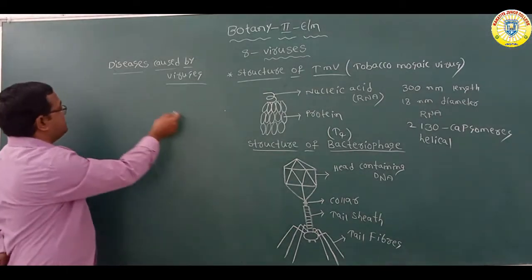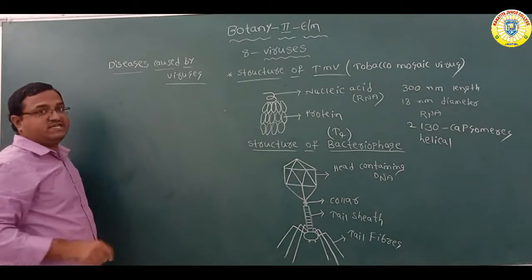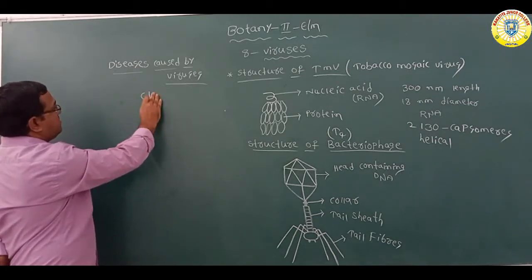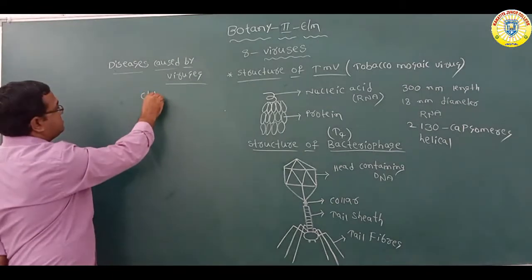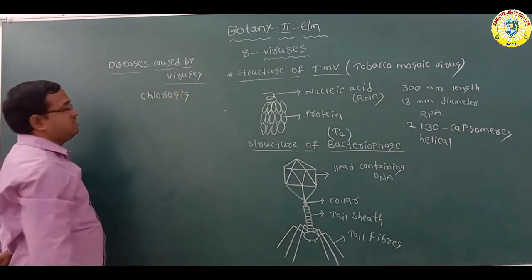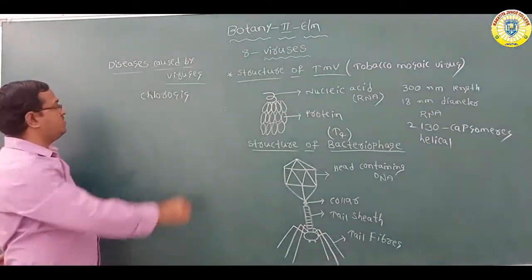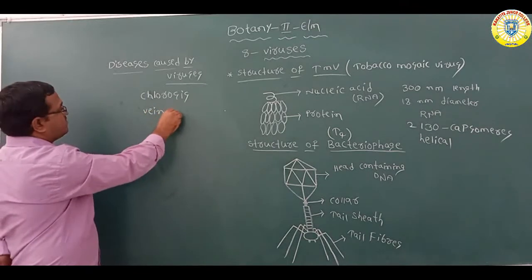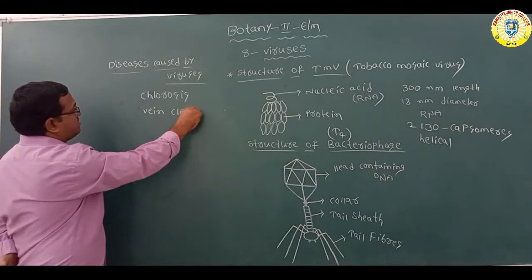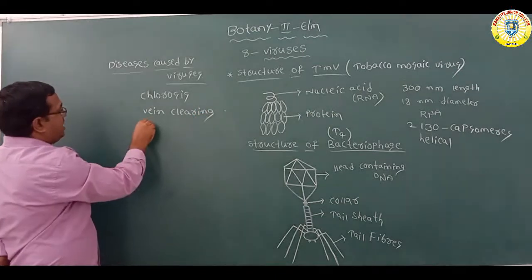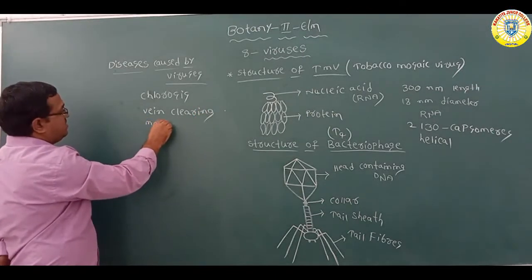Okay, the first are the plant diseases. First one is chlorosis. Second one is vein clearing. Third one is malformation.